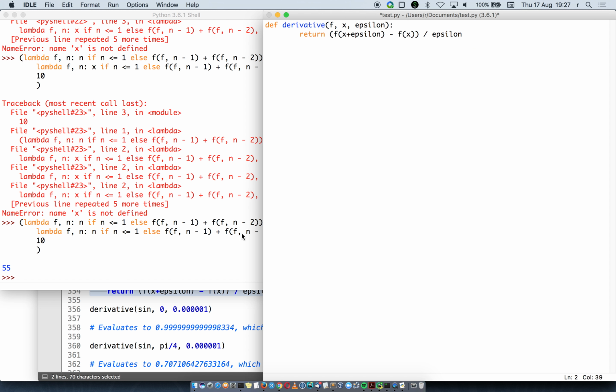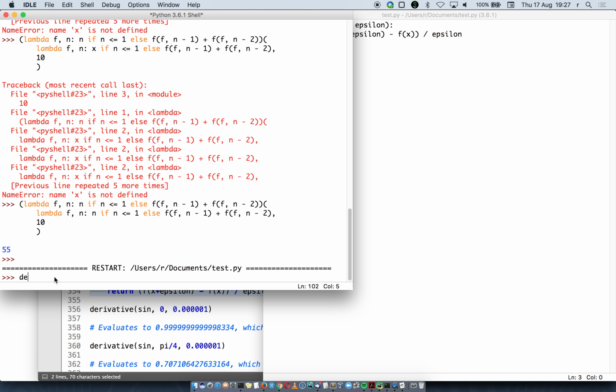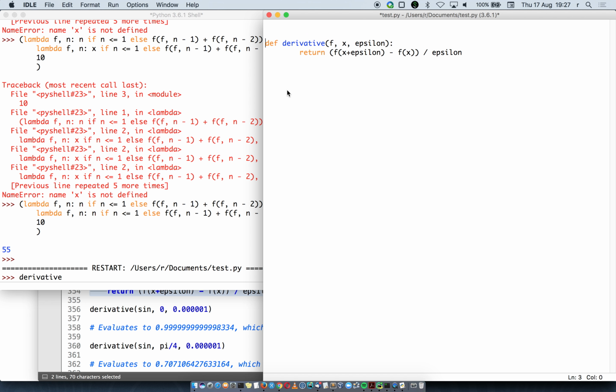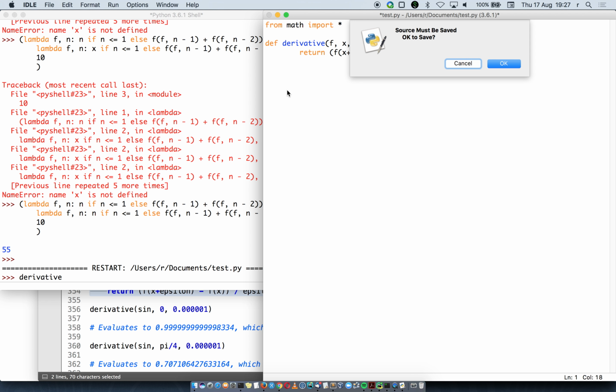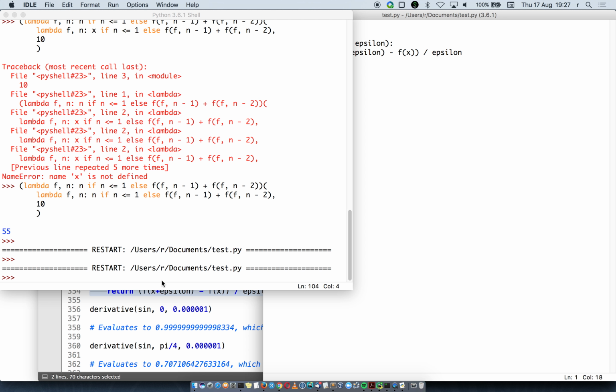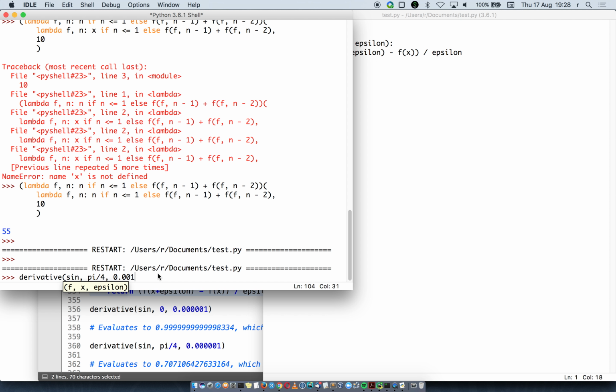Okay, and since we're here, I'm just going to import everything, which is acceptable now. So let's say derivative of sine at, let's say, pi divided by 4, with an epsilon of 0.001.